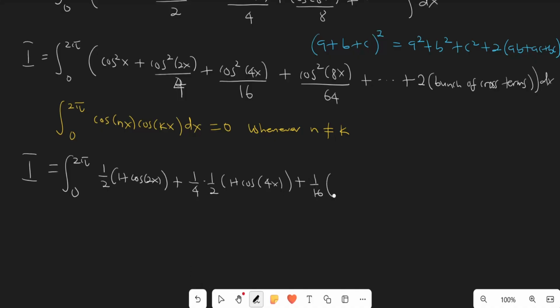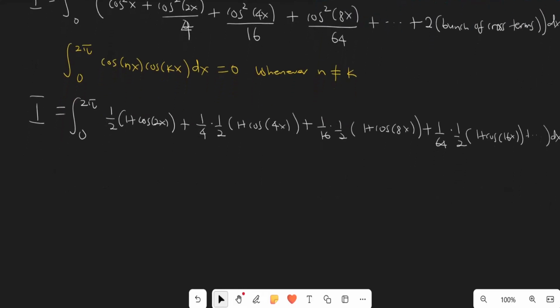Cosine square of 4x can be written as 1/2 into 1 plus cosine of 8x, plus 1 over 64. Cosine square of 8x can be written as 1/2 into 1 plus cosine of 16x. And this one continues until infinity. So dx.